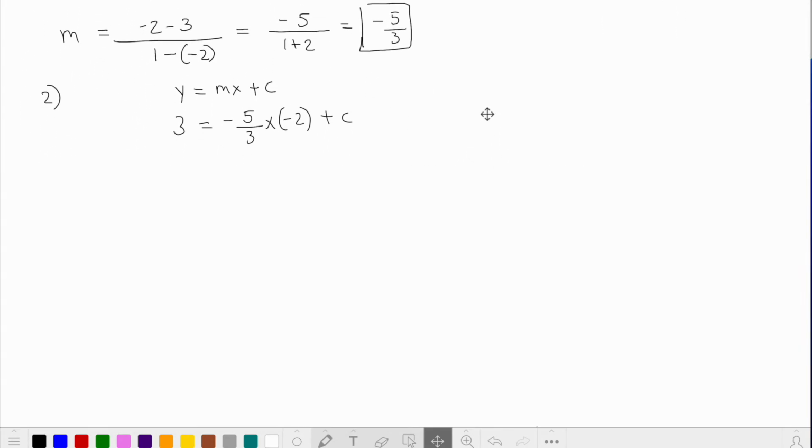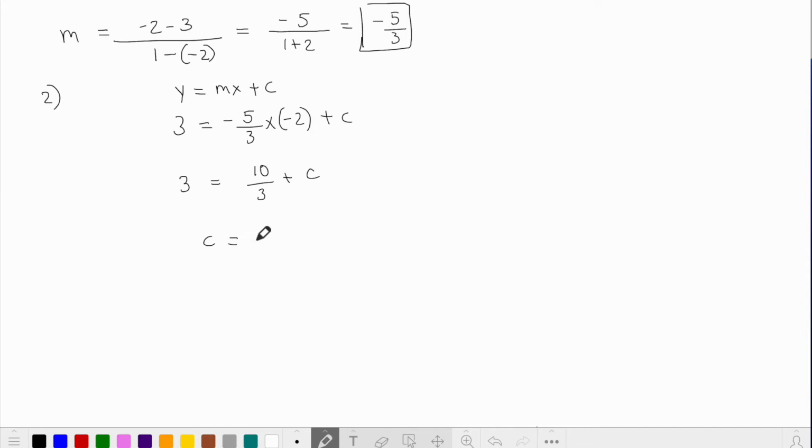Let's move all the way up so that I have space here. Now we have 3 here, and it's going to be positive: 5 times 2 is 10 divided by 3 plus c.